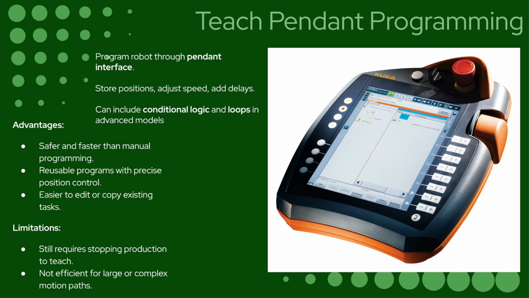Just a couple of different things you can do with that there. And then some pendants now can support simple logic commands, like loops or conditional statements, making them pretty much semi-programmable. So you can say, hey, if this happens, enter into this coordinate programming. So change how you're moving now.